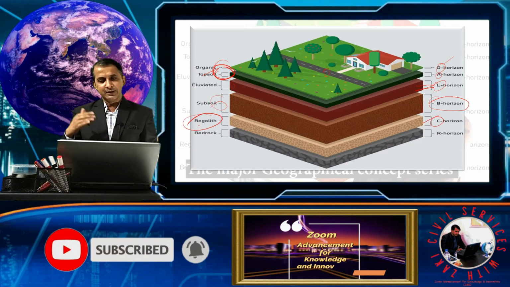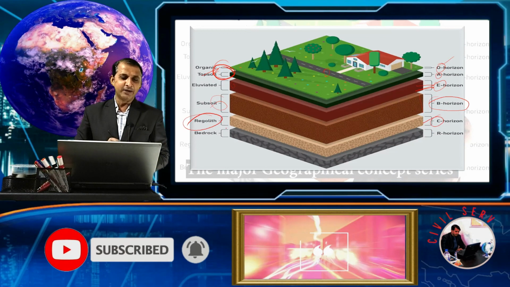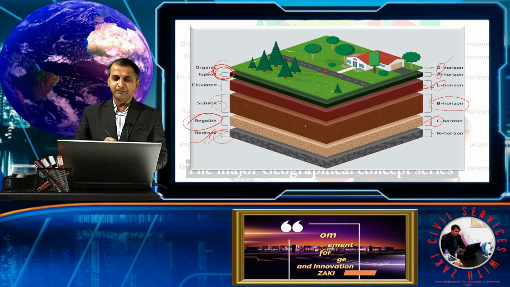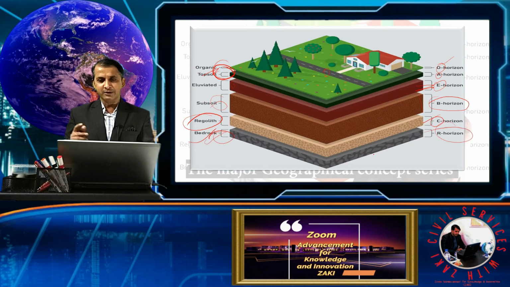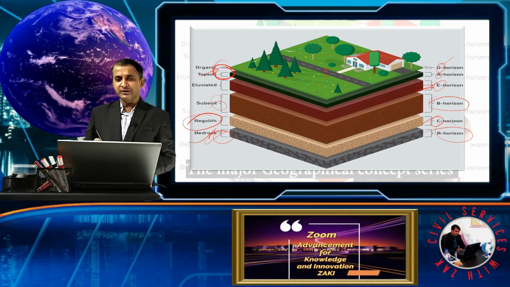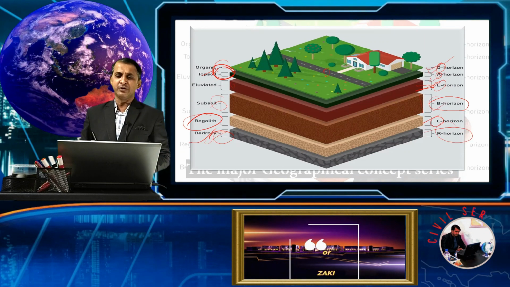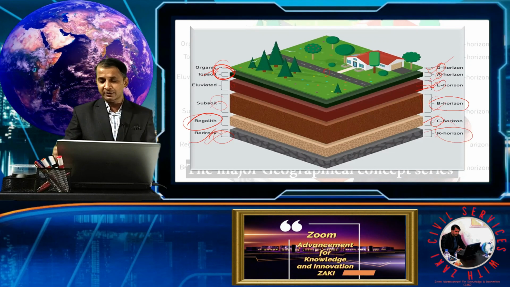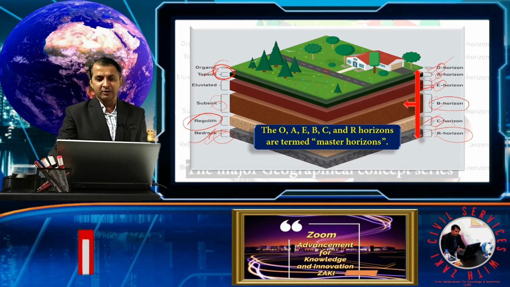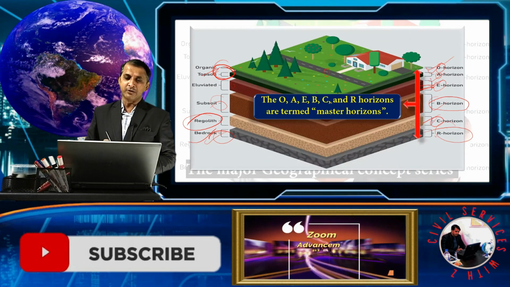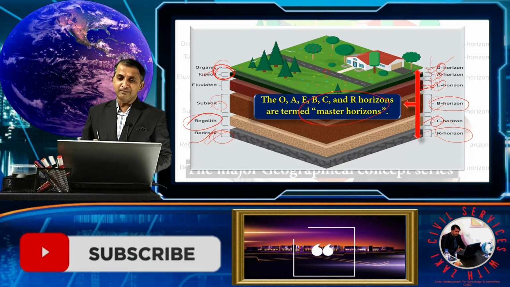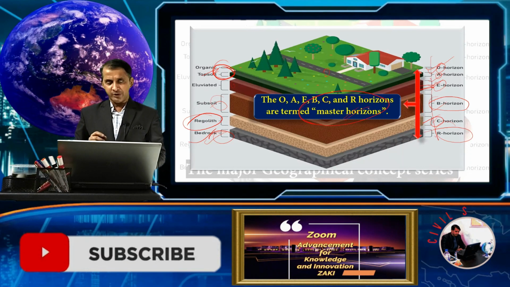So regolith in C horizons, and finally the lowest layer is called bedrock, and bedrock is called R horizon. So these horizons, O horizons, A horizons, E horizons, B horizons, C horizons and R horizons, are combinedly called master horizons.